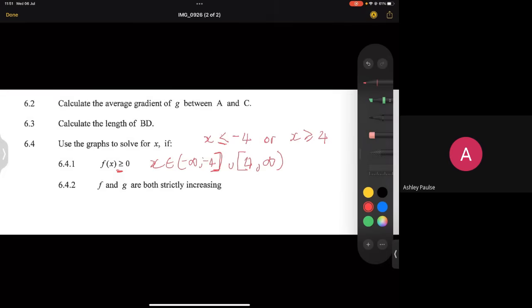Okay, so this last question, they said f and g are both strictly increasing, where both graphs are strictly increasing.